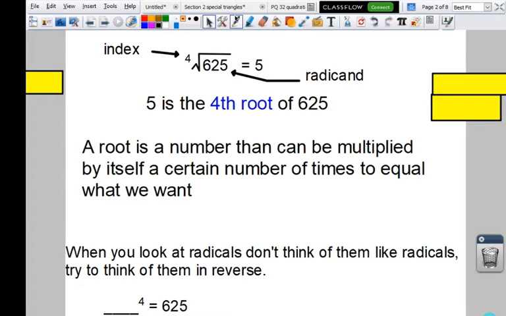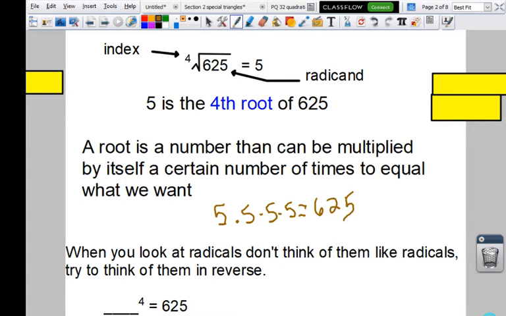You could use this to find some equations. Make sure you guys are taking notes. So a root is a number that can be multiplied by itself a certain number of times to equal what we want. 5 is the 4th root. That means 5 times 5 times 5 times 5 will equal 625.